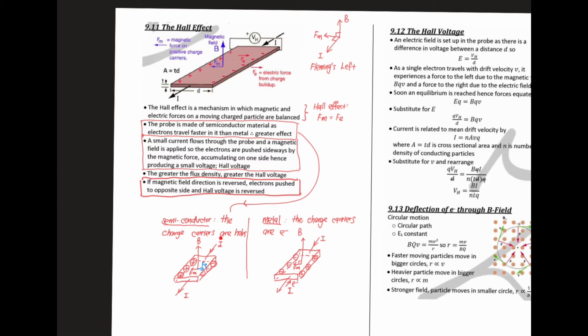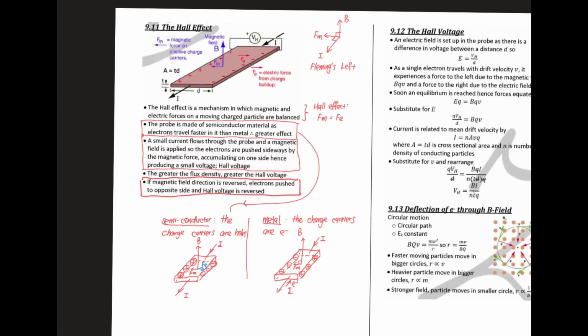If we are talking about a semiconductor, but if we are talking about metal, then you change it to metal, and the electron is applicable. Then electrons are pushed sideways, and then electrons are pushed to the opposite side. So that is for metal. Okay, so now we already understand the concept, and now let's see the formula.